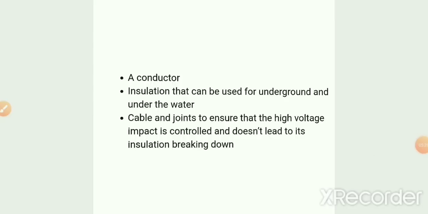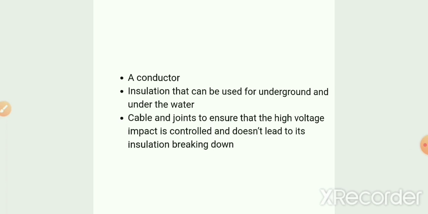Depending upon the voltage level, the cable can have an additional insulation layer or jacket to control the electrical field in the conductor.